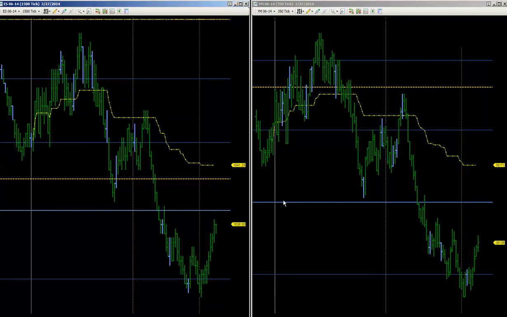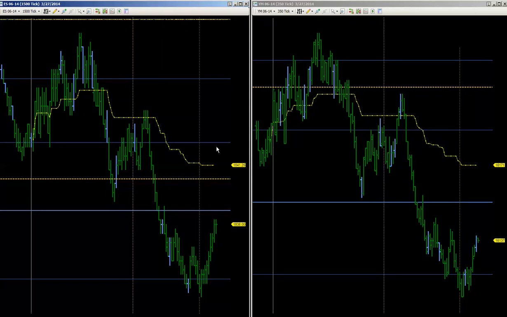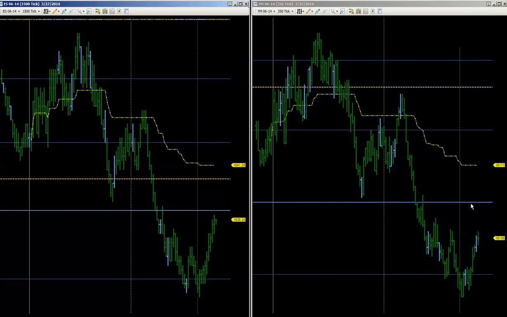Okay, I have my targets set. Have this ES first target at this rotational low, and the other at this minor move. And I have in the YM this first full move targeted, and then this minor move up here.